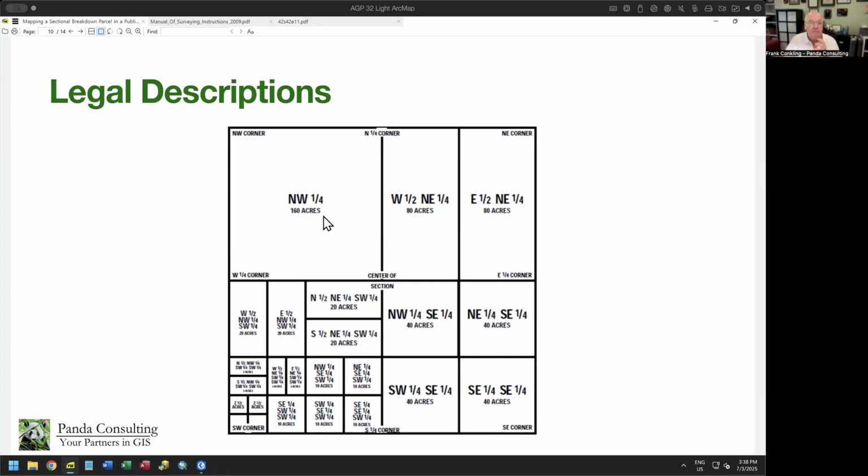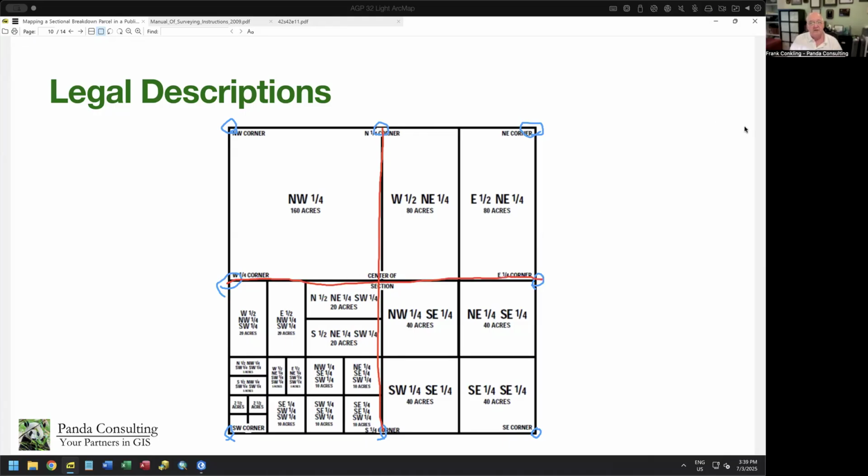So this northwest quarter, which is nominally referenced as being 160 acres, maybe plus or minus, is actually determined by taking this monument here, this monument here, and extending it out to this monument here, and then looking at this monument. These are the monuments that were established by the original surveys here, and then to create the northwest quarter of a section, you connect the north quarter corner to the south quarter corner, the west quarter corner to the east quarter corner.